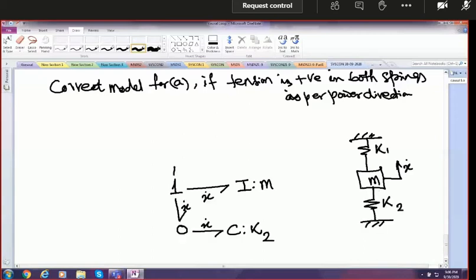Now the top one, what will be the tension with positive x dot? Right. Tension in spring 1 will be given by minus x dot, not by plus x dot. If plus x dot, you will have compression, so it will be negative. So we will put it like this. Flow as per one junction is x dot, but here I will put C is to K1. So what is the flow here? It becomes minus external.